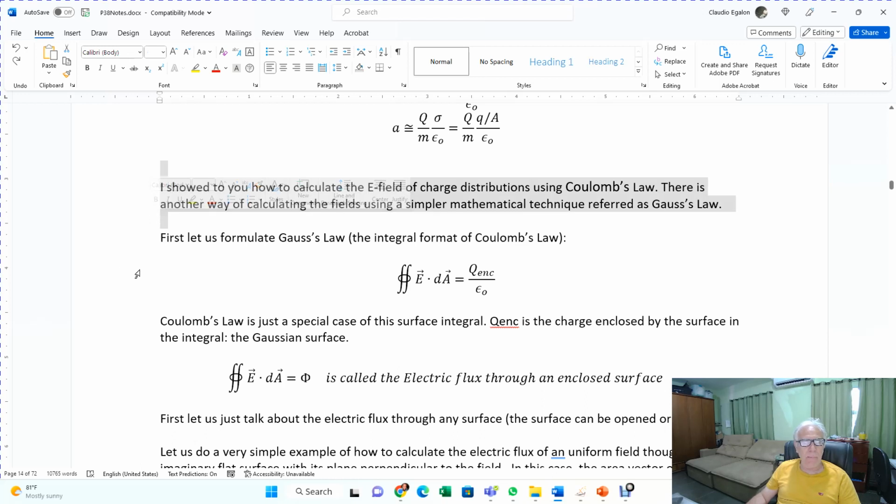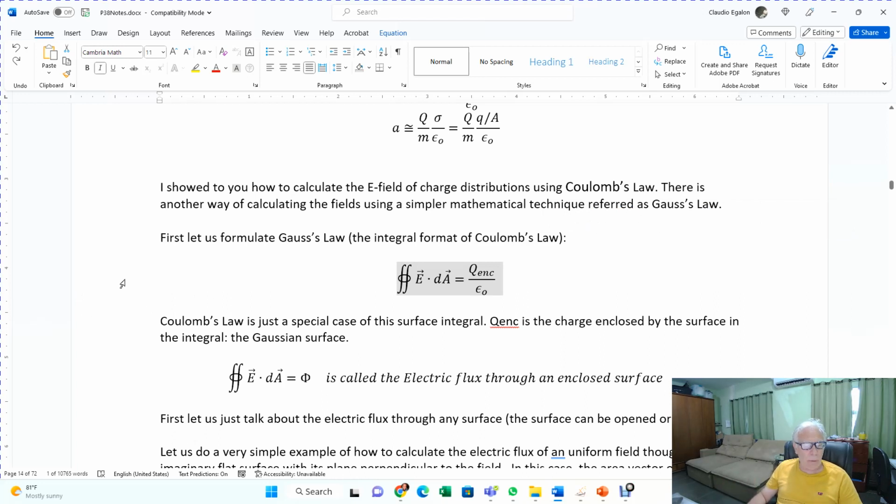Gauss's law is just a different format of Coulomb's law. It's the integral format of Coulomb's law. It's given by an equation like that. Here you go. This is one of the laws of electricity and magnetism. Just like Coulomb's law is one of the laws of electricity and magnetism, Gauss's law is the same law but in a different format, in an integral format.